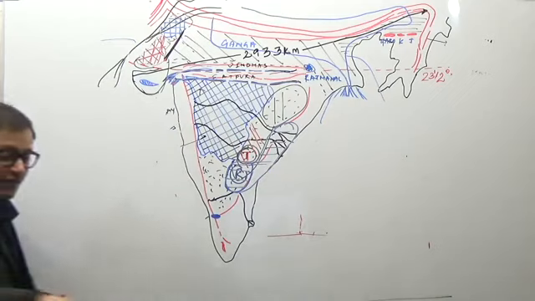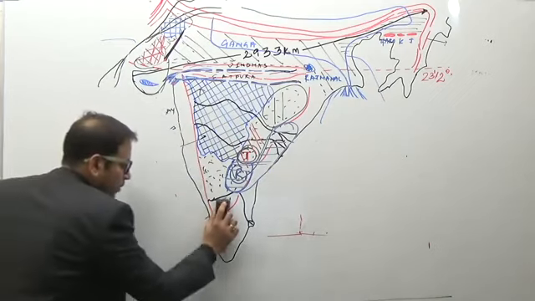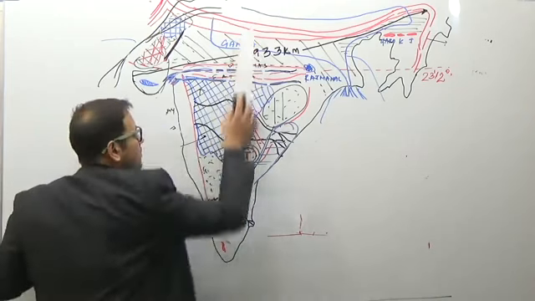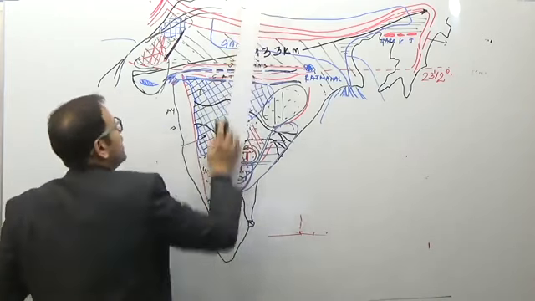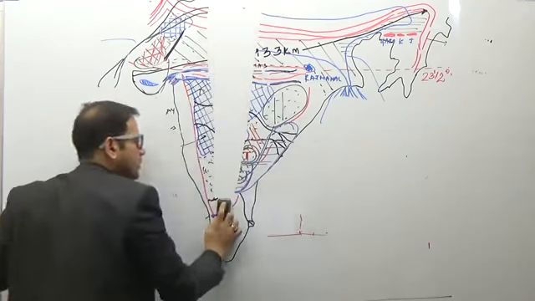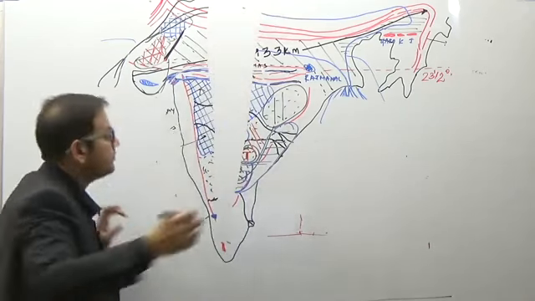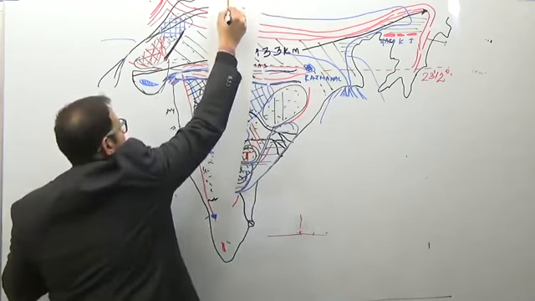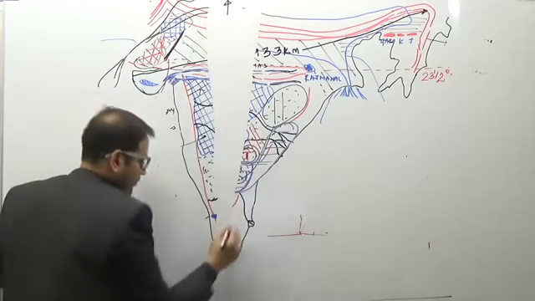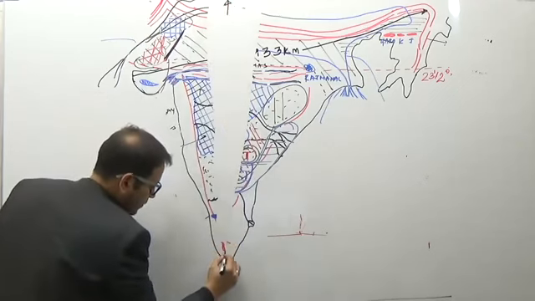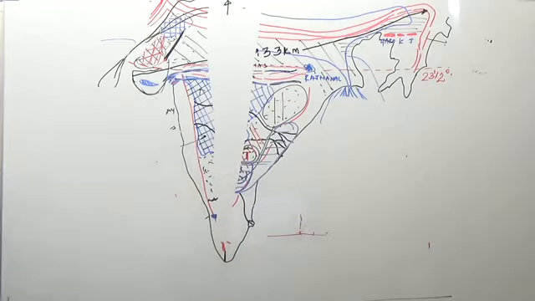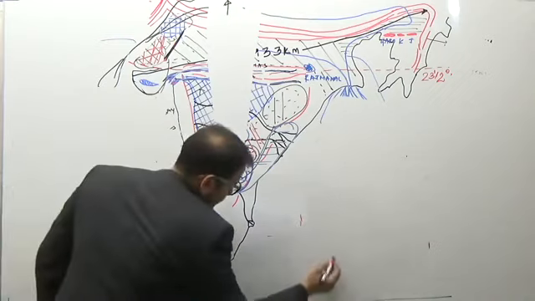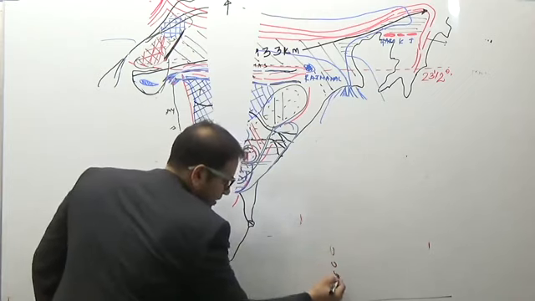The dimension of India, I will just rub this central part so that you have an idea. The northern part of India, the India lies between, so we can say these are the Andaman and Nicobar, the southernmost part.